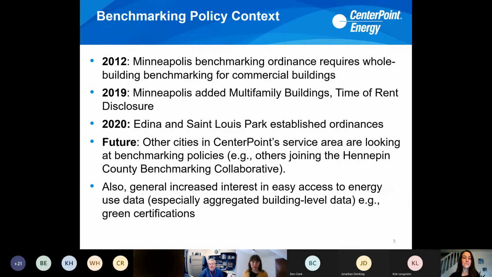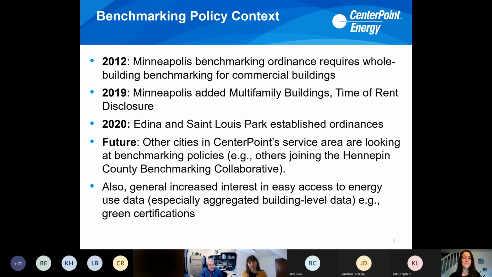And CenterPoint had not developed a tool prior to 2019, but the city really had a goal of being able to add multifamily buildings into their ordinance, and that was really impossible for them to do without some sort of tool to supply aggregated data to Portfolio Manager. And so CenterPoint committed to building this tool as part of our partnership with the City of Minneapolis and Xcel Energy.